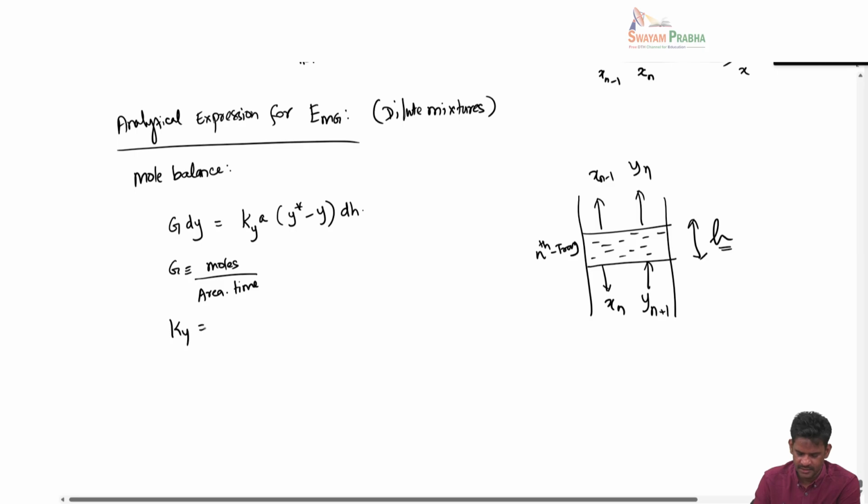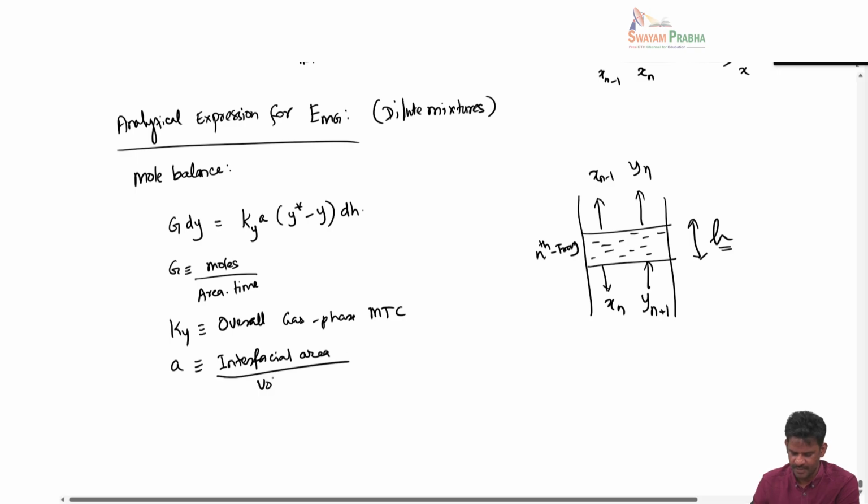Ky is the overall gas phase mass transfer coefficient. a here is the interfacial area per unit volume. And dH is a small section in this entire column.